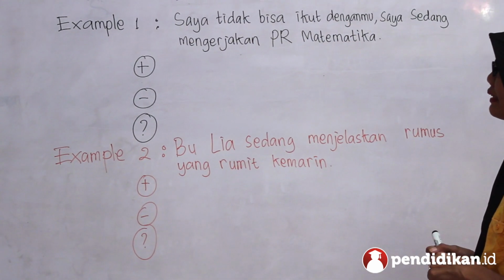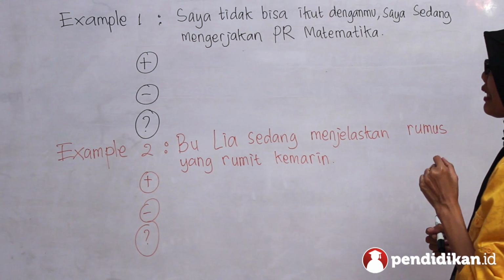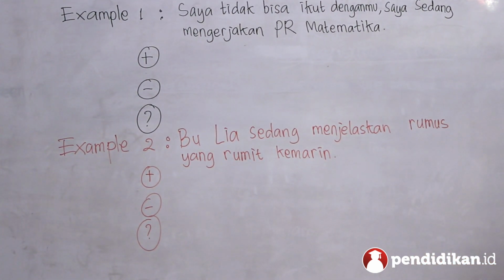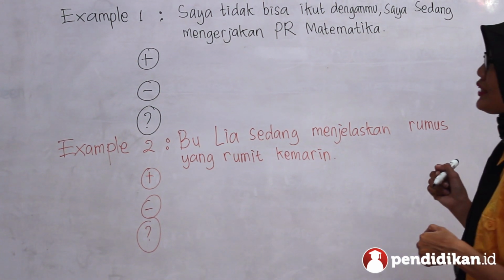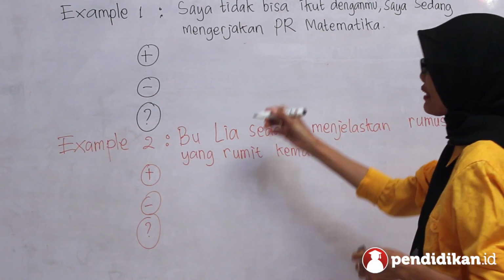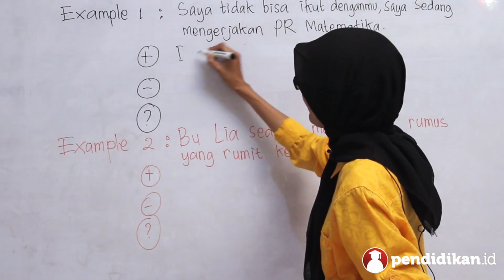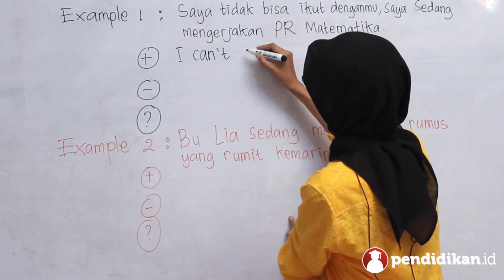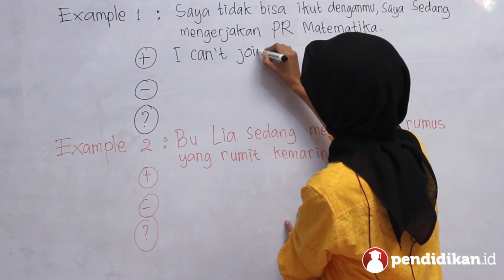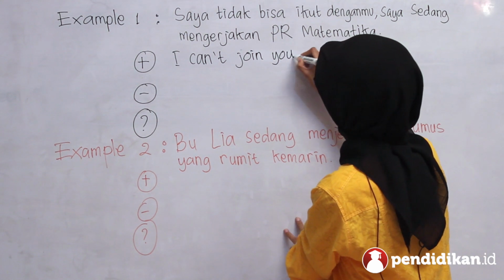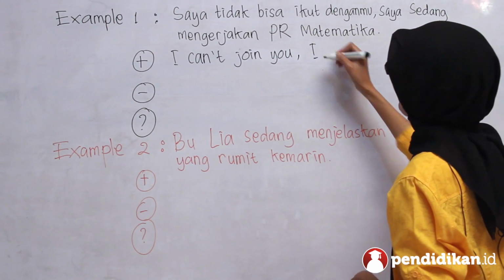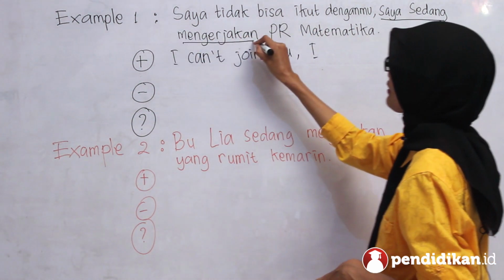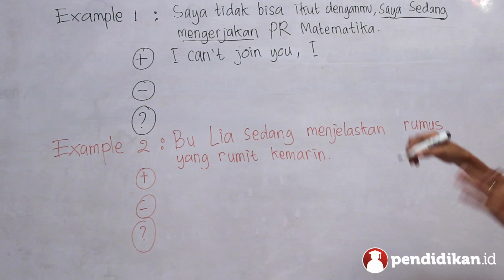Example number 1. I write down in Bahasa, saya tidak bisa ikut denganmu, saya sedang mengerjakan PR matematika. To make it into positive sentence, I can't join you. Watch this one. Saya sedang mengerjakan.